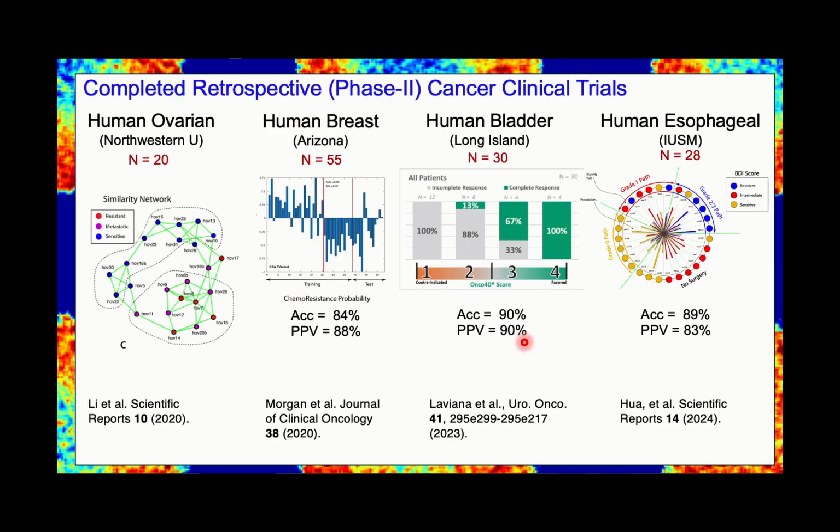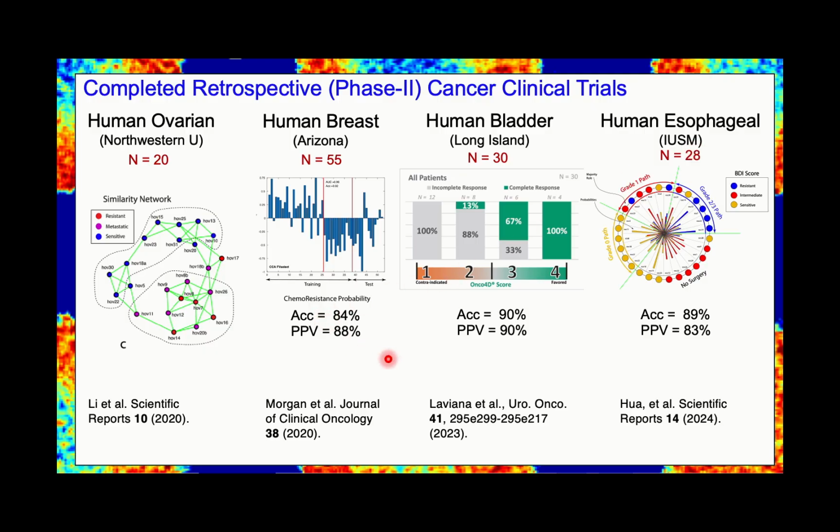And so we've taken this from preclinical trial in dogs to clinical trials in humans, all the way up to phase 2 clinical trials. And we've had 4 of these now. So human ovarian cancer, that was with Northwestern, human breast cancer with a group of clinics in Arizona, human bladder with a group of urology clinics on Long Island, and then also human esophageal at IU School of Medicine.